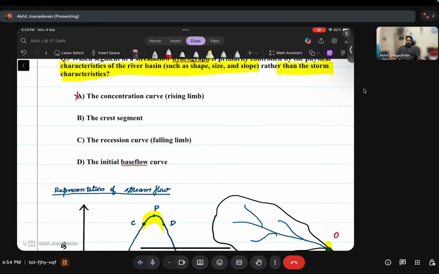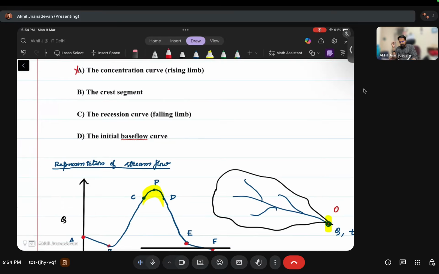But when we come to the falling limb, the storm has stopped. It will depend only on the physical characteristics of the catchment. It decides how the profile will be. The other segment, the initial base flow curve, is independent of both.